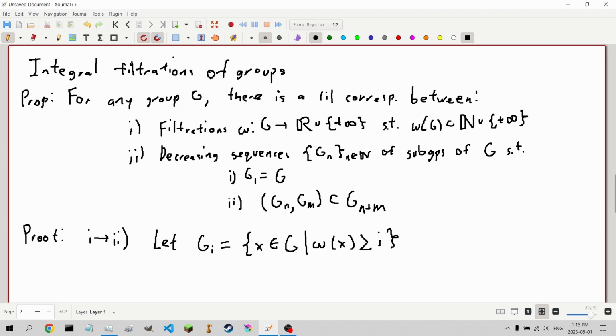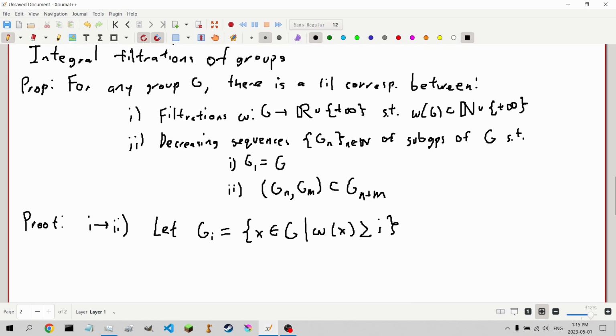Since by the definition of the integral filtration, the image of anything has to be at least 1, our first group is going to be the entire space, and going on from there we get our second condition based on the properties of filtrations as defined before.